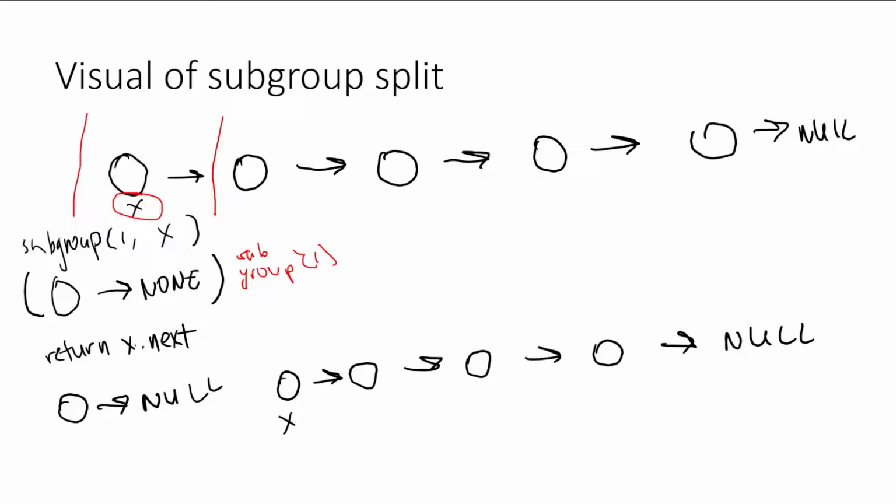Then we will return the pointer to the next element. Thus, we can completely separate this subsection, and we have this pointer here that's still connected to the rest of the list.